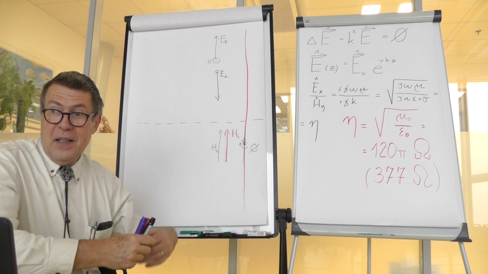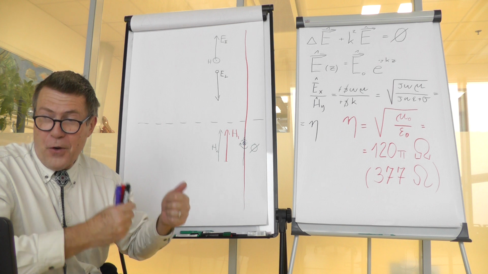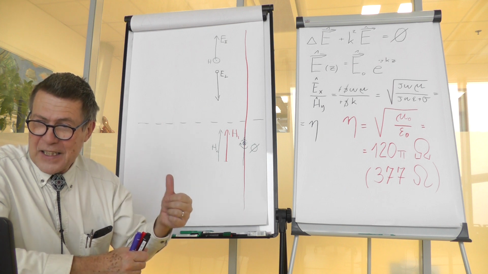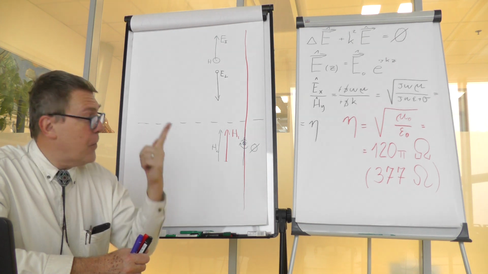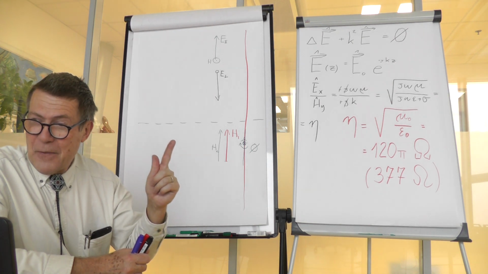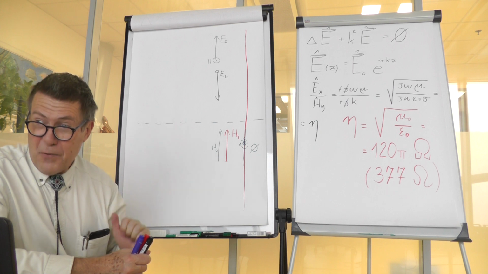So this is the story which we have been telling first from the standpoint of an electric field of an incoming wave, second from a magnetic field of the incoming wave, and third for the conductor which caused the reflection.